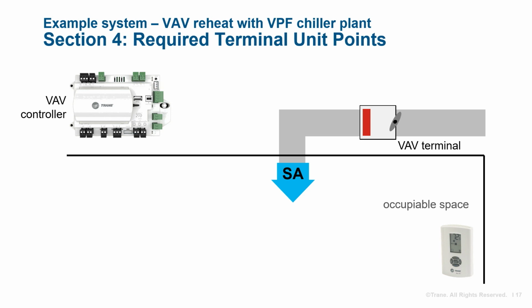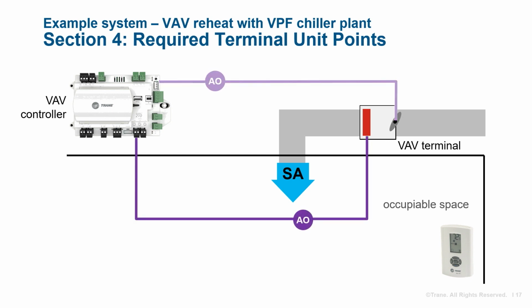From the table, we saw the required airside points include the damper position at the terminal unit, in this case, an analog output from the controller. Next, an analog heating signal from the controller to the terminal reheat coil. For hydronic reheat, this could control a valve on the hot water line.